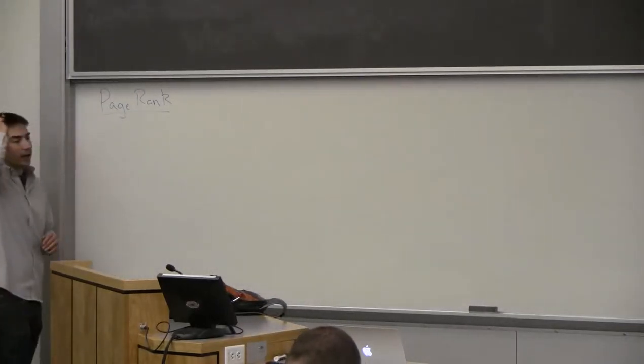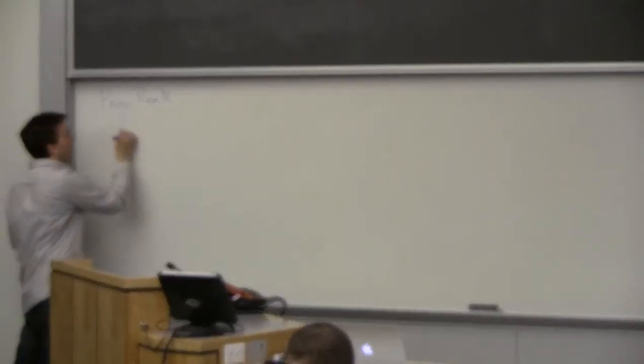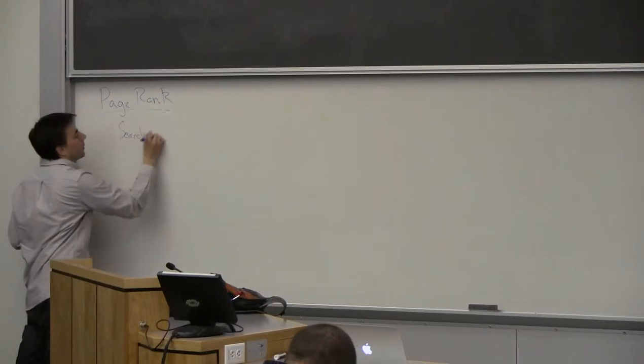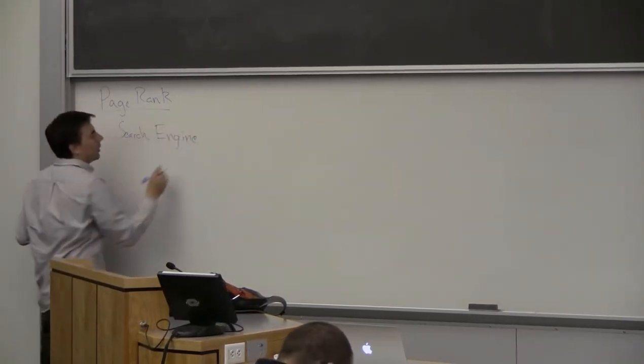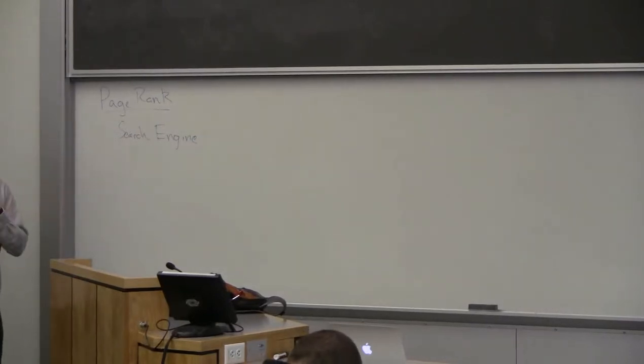Okay, so the basic idea of how a search engine works, well, its goal, what a search engine essentially does, how you interact with it, is you make a query and it returns a list of, say, websites or kind of documents on your computer.